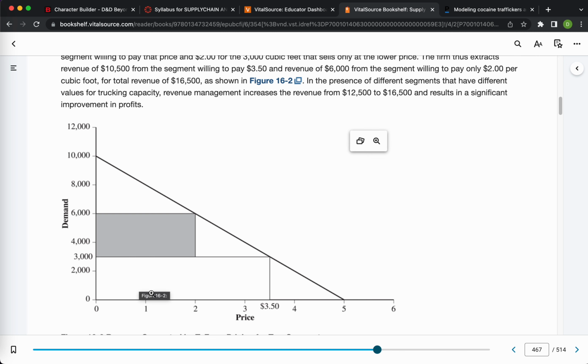Because 3,000 cubic feet have been sold at $3.50, and 3,000 cubic feet have been sold at $2. So for some customers, you're charging $2, half the price, and the other half is paying $3.50. So your total revenue will now increase to 16,500, and your profit has also gone up significantly, right?